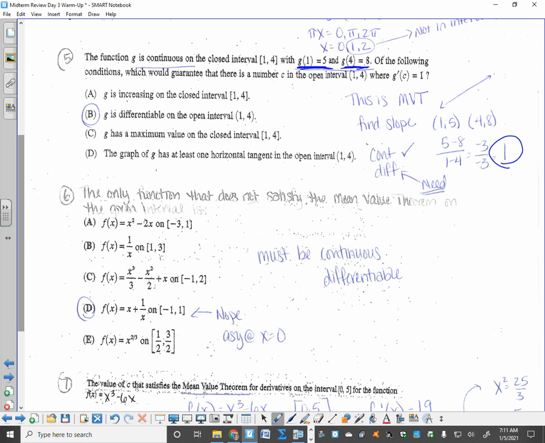But I really didn't need to do any of that, because this isn't asking me to find a value. This is saying which of the following would guarantee. So which of the following is needed for the MVT?